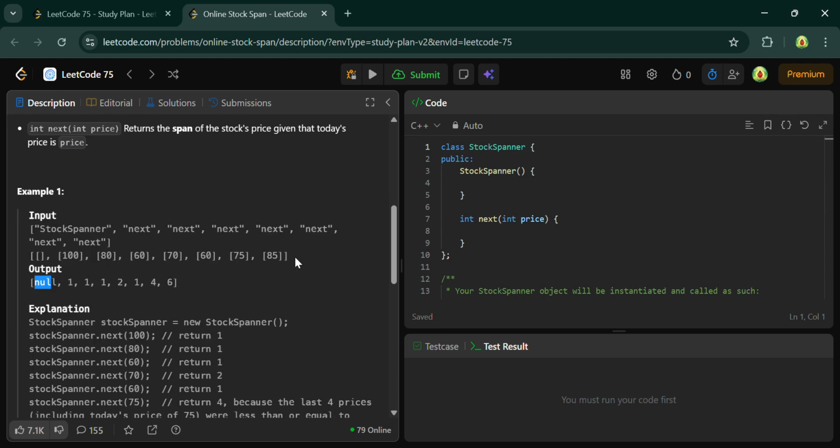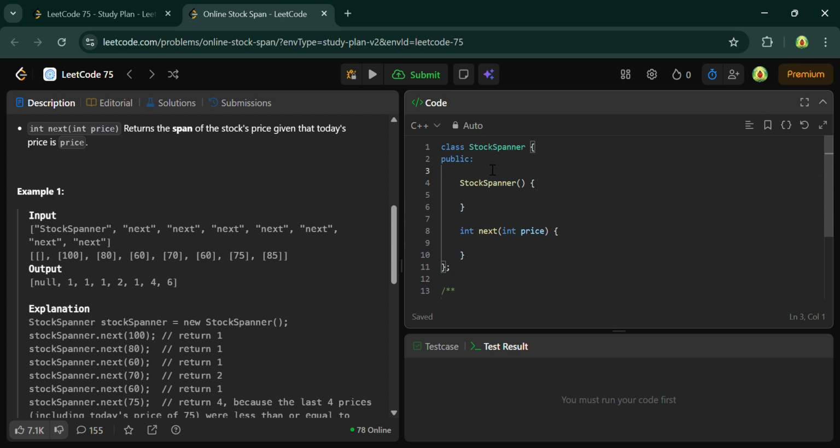So let's do this. First you have to create a stack of pair of int, which is st, okay.